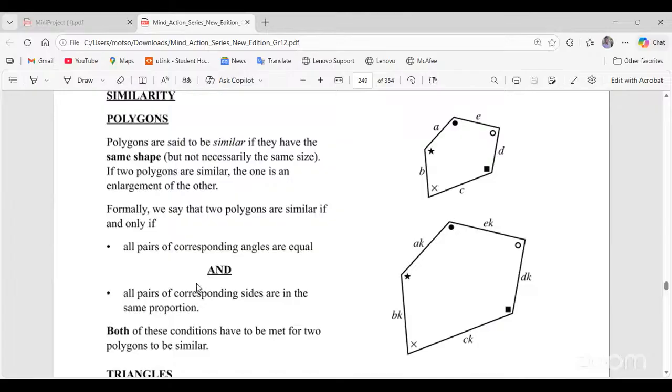Okay, both of these conditions have to be met in order for you to prove that two polygons or two shapes are similar. But in order for you to disprove it, as long as one of these conditions is not satisfied, then you have shown that those polygons or shapes are not similar.